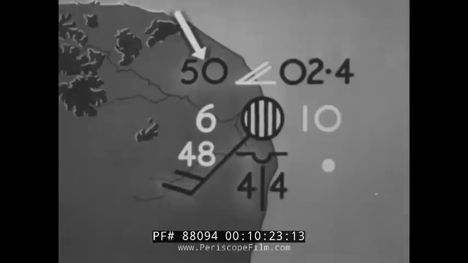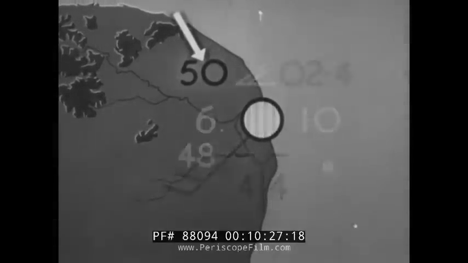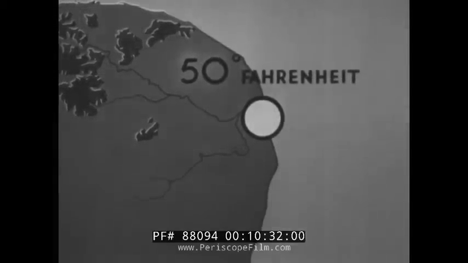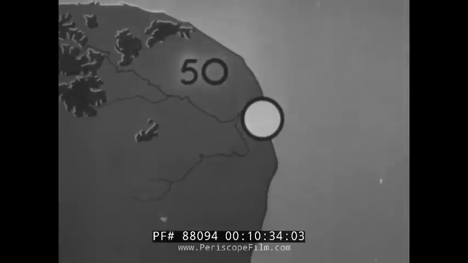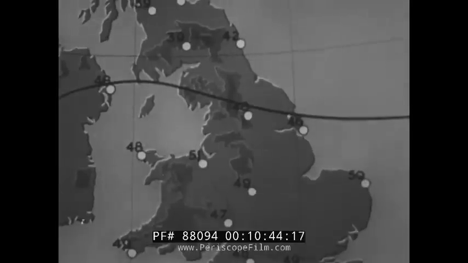Temperature is shown to the top left of the station circle. It is plotted in degrees Fahrenheit. An examination of the temperature distribution reveals that to the north of the line shown, the air is relatively cold, while to the south, the air is relatively warm.